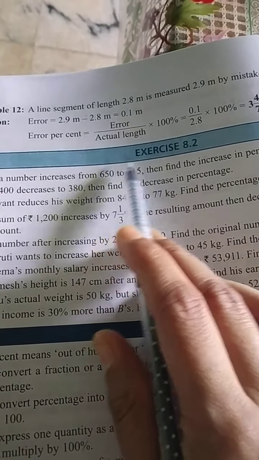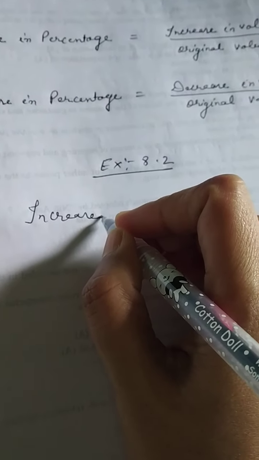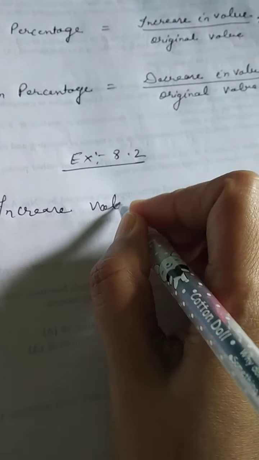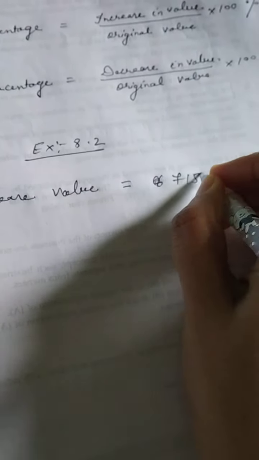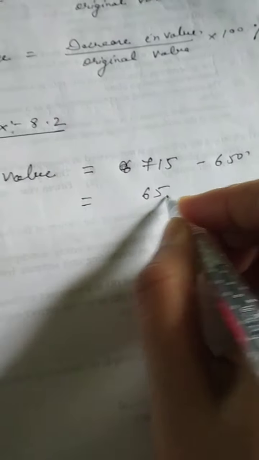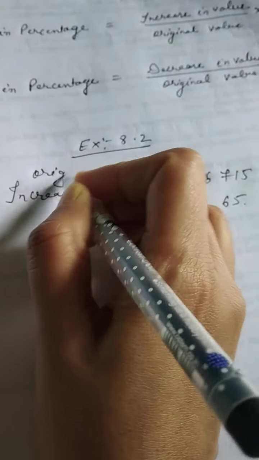First of all, we will find the increased value, then we will change that into increase percentage. So increase value is equal to 715 minus 650. Just subtract it.